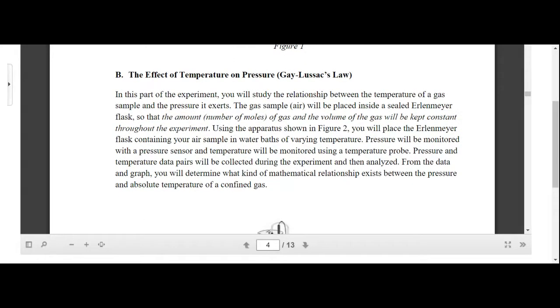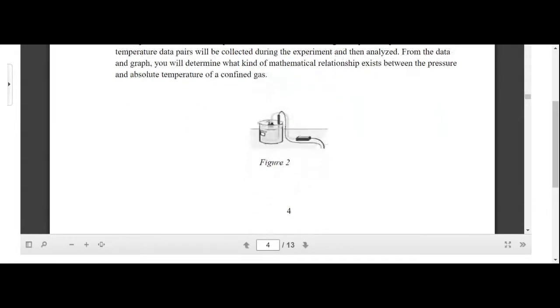For the effect of the temperature, we are going to start with a specific amount of gas in a flask. We close this gas valve after I have the volume set up, with the gas at room temperature. The volume of the gas does not change, because it's a closed container now and I'm not going to open it.